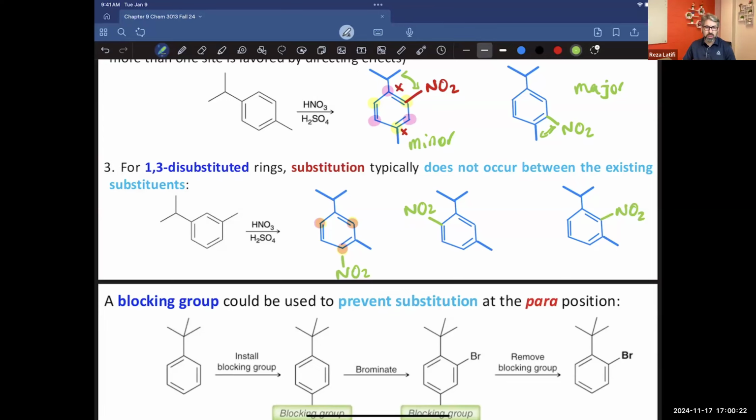And again, I see more steric effect between the nitro and isopropyl here. This one will be methyl and nitro, less steric effect. So that's going to be the major product. This one will be the minor. And last one, we have the nitro group between the two substituents.